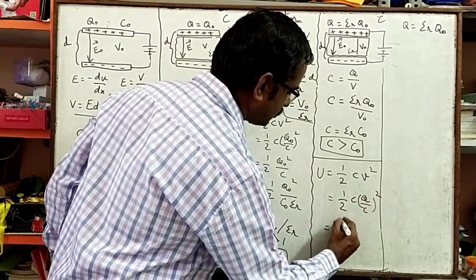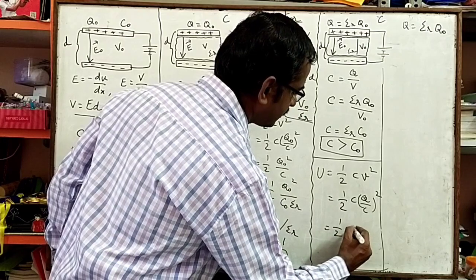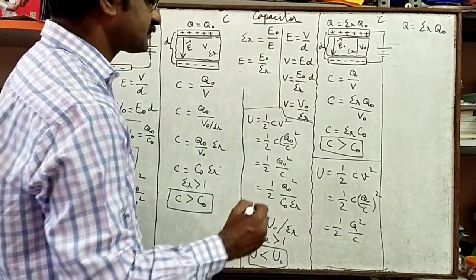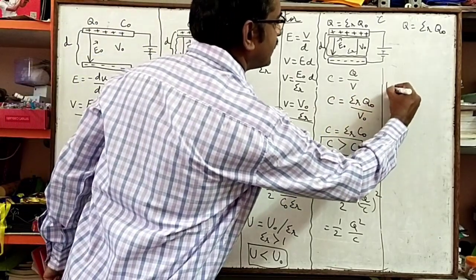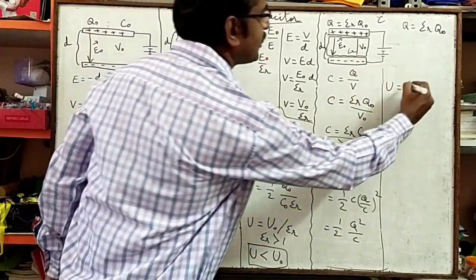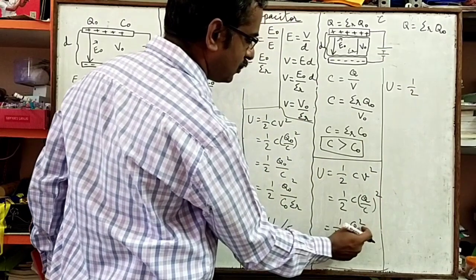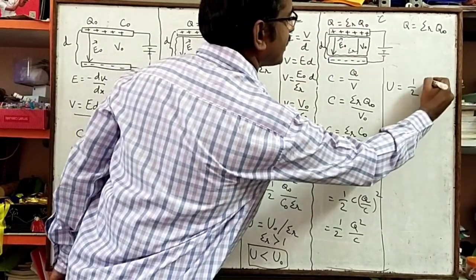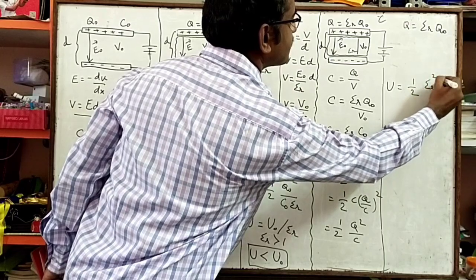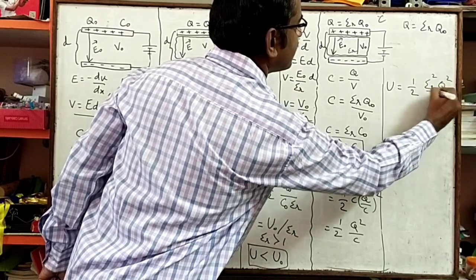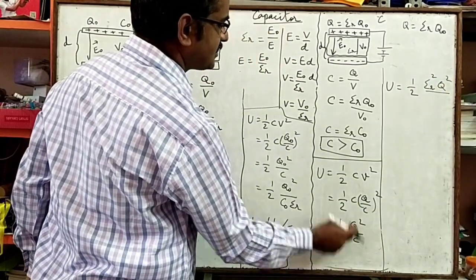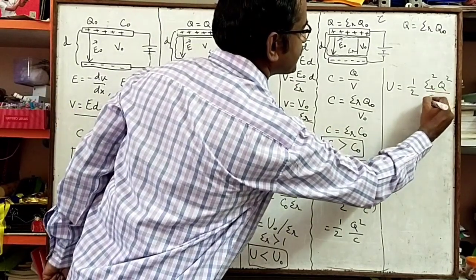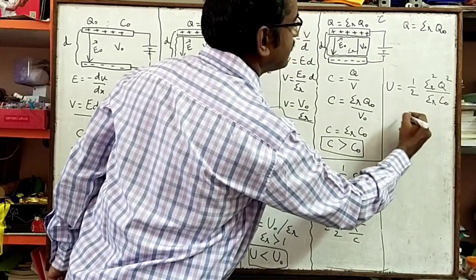That is equal to 1 by 2 Q square by C. That's the energy stored, U is equal to 1 by 2 Q square by C. What is Q? Q is equal to epsilon r Q naught. So we can write epsilon r square Q naught square divided by C. What is C here? C is equal to epsilon r C naught.